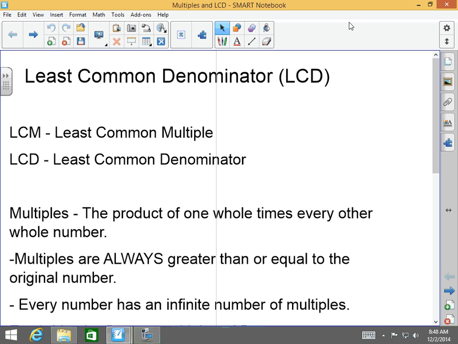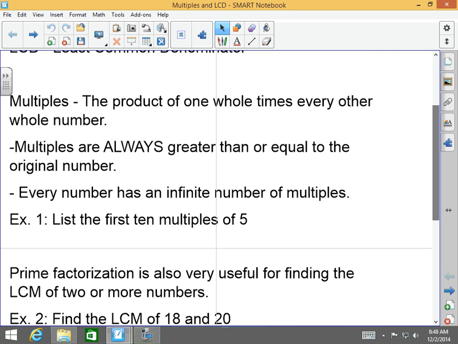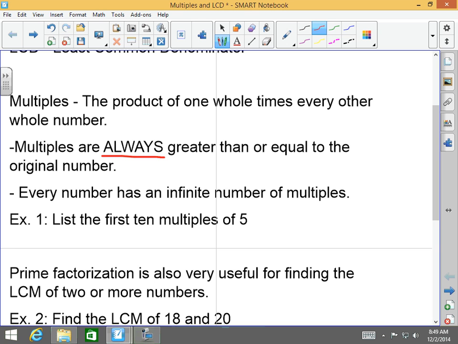Now, if you remember, guys, multiples are the product of one whole times every other whole number. Multiples are always greater than or equal to the original number. And every number has an infinite number of multiples.